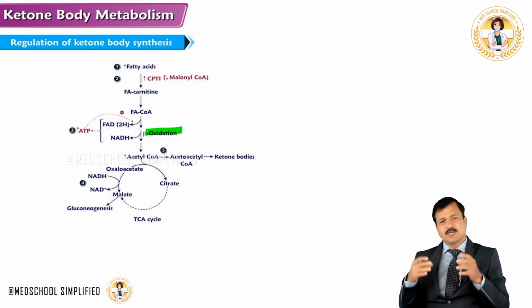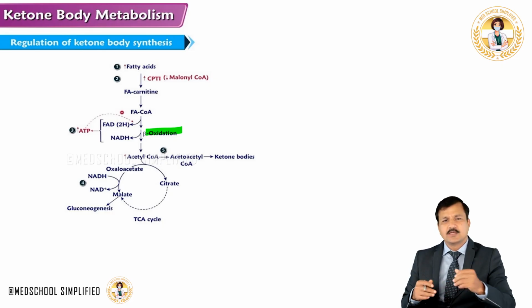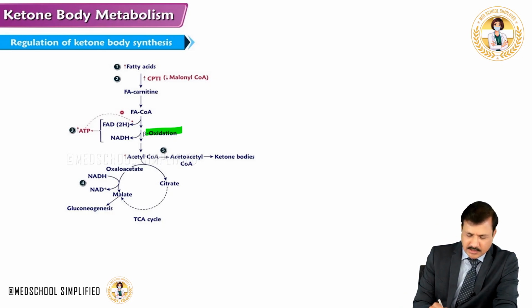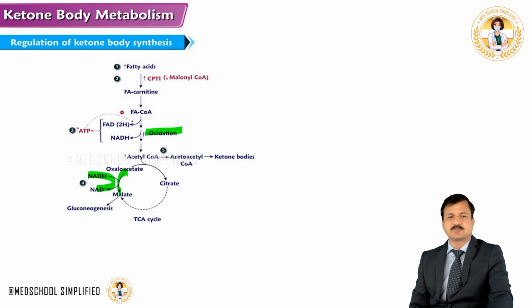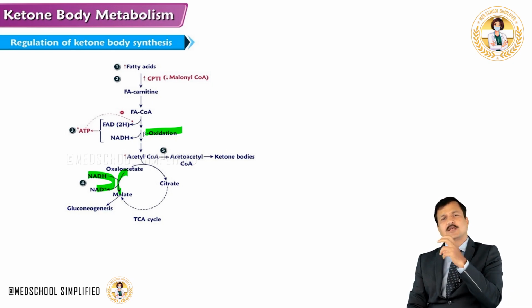Acetyl-CoA needs oxaloacetate to condense to make citrate. Okay, so now what happens to oxaloacetate? Oxaloacetate is diverted into malate formation, to regenerate NADH plus H plus into NAD plus. So oxidation of NADH into NAD plus is going on to regenerate NAD plus. So oxaloacetate is not available sufficiently to condense with acetyl-CoA in the TCA cycle.